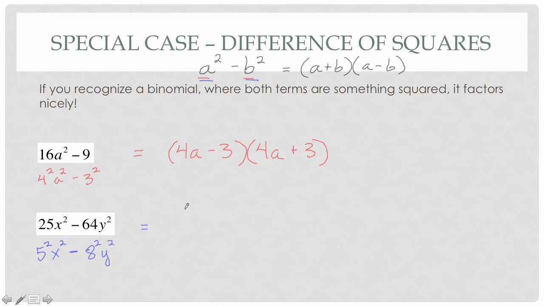So it factors into 5x minus 8y times 5x plus 8y. There you go. That's a special case, a difference of two squares. And it's one of those nice things to keep in your pocket and to look for as you're factoring a wide variety of polynomials.